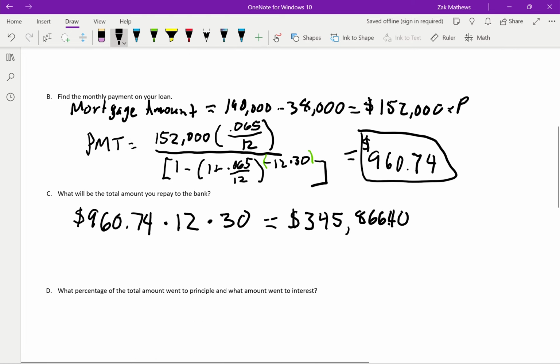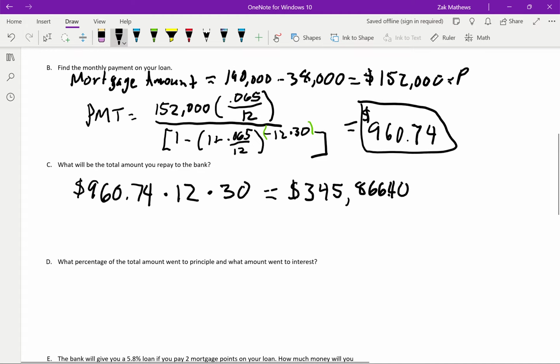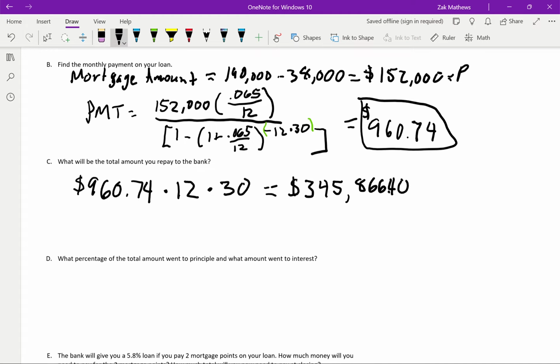So the next question I have then is what percentage of the amount went towards principal and what went towards interest? Well, we know what the principal amount was. The principal was $152,000. It's a good idea to find the amount that goes towards interest. Well, we know how much total we paid, $345,866.40. The principal is $152,000.